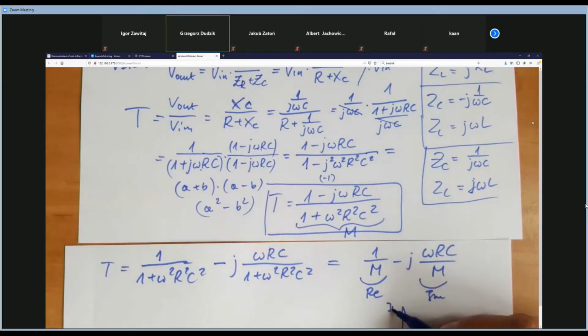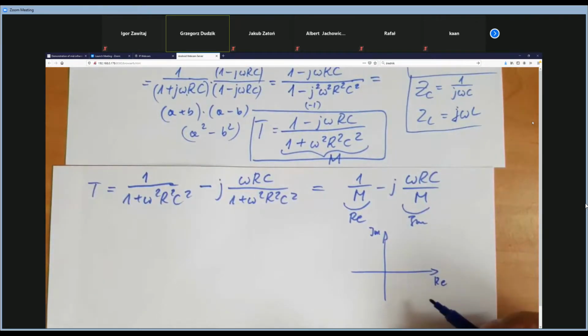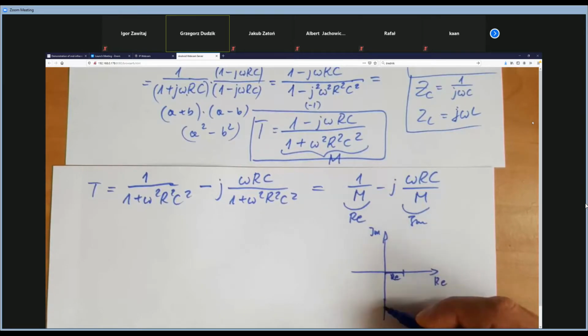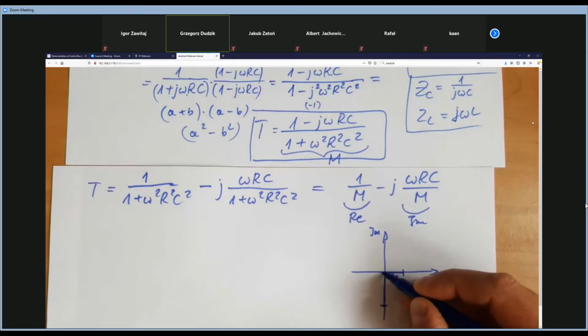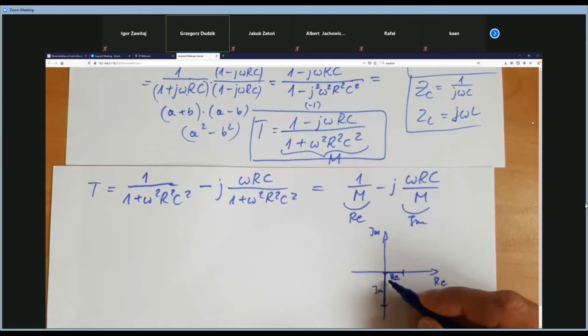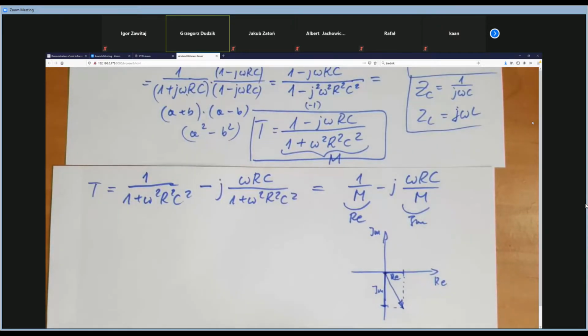So it looks like that. 1 over M is the real part. This is the minus, so it is going down. And here we've got the imaginary value of this expression. So our transmittance vector looks like that. This is the transmittance.